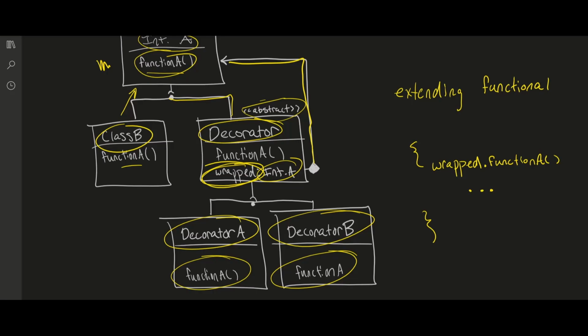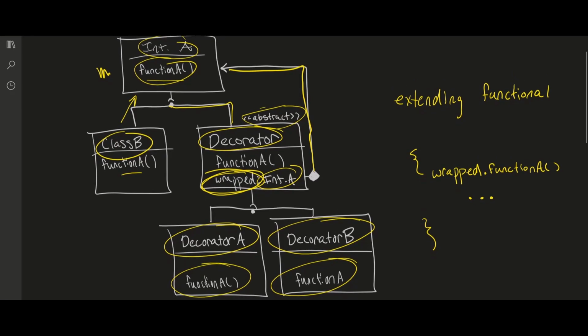That's basically what a decorator is. It just extends this functionality. It does the original functionality, and then it does some more stuff. And that's what the decorator pattern is used for.